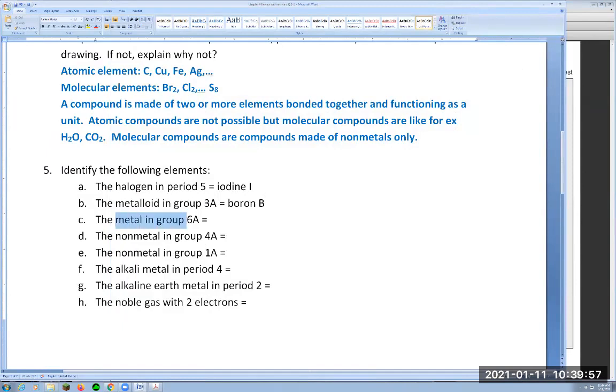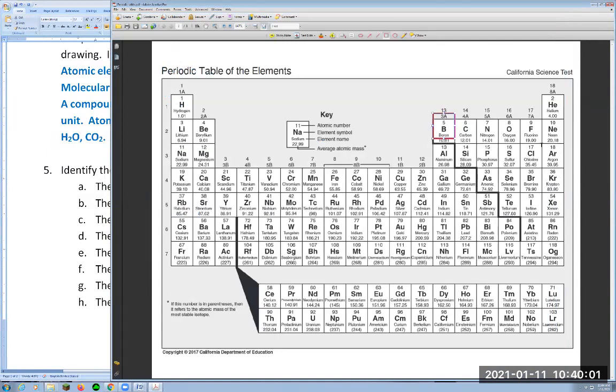Now we're looking for the metal in group 6A. So metals are on the left side of the staircase. And 6A is this group here. So you go down until you find the metals, because oxygen, sulfur, and selenium are non-metals.